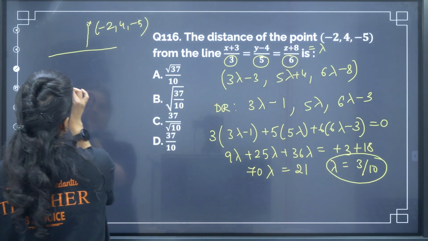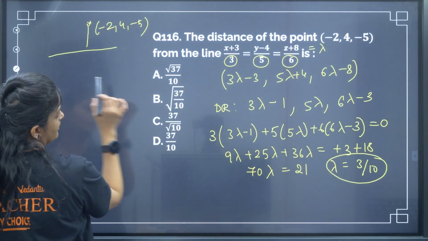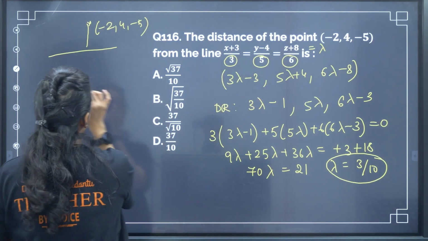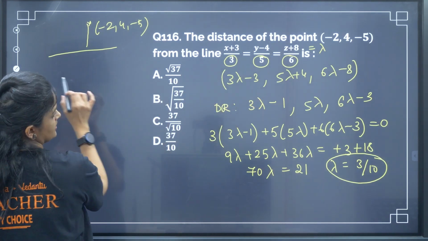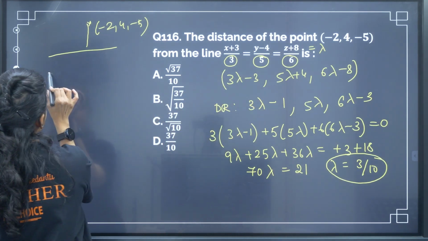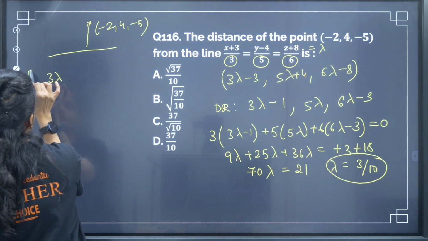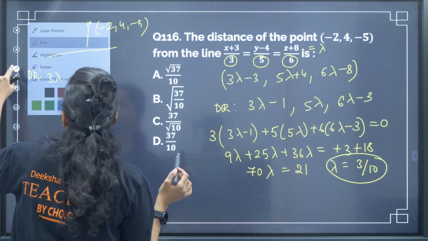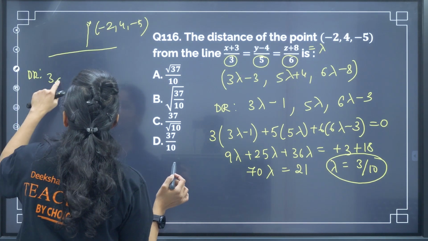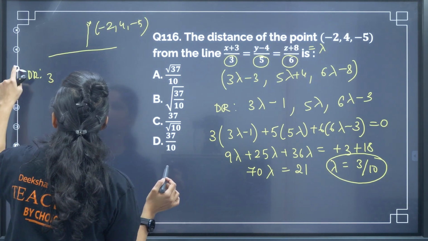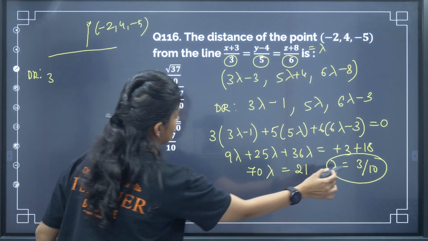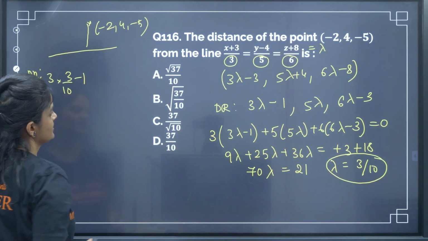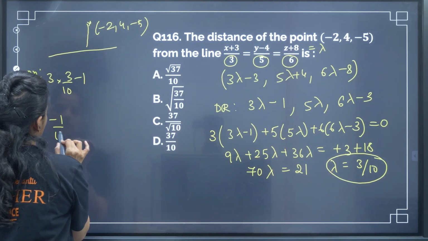If I am substituting here, 3 by 10 means 9 by 10. One second, let me do this. 3 lambda, so DRs will be 3 lambda minus 1, 3 by 10. Substitute in the place of lambda. So 3 by 10 minus 1, so 9, that means minus 1 by 10. Keep that value.